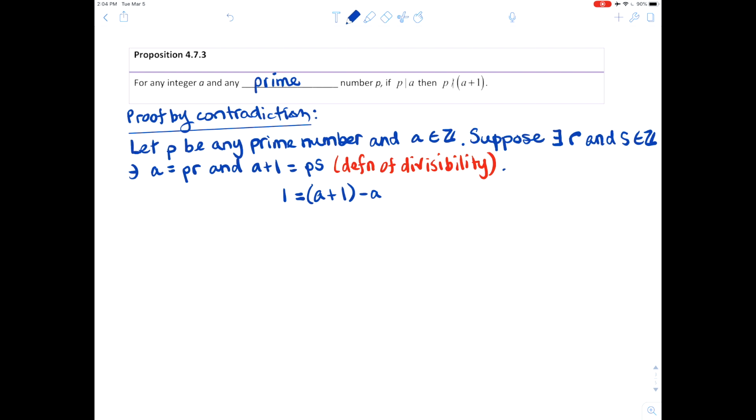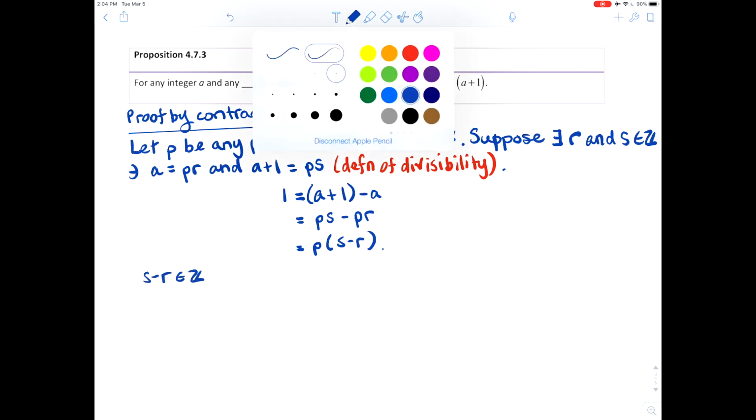But if you substitute in, what do we have? We would have a plus 1, we supposed was p times s, and a we supposed was p times r, which in turn is p times s minus r, using some algebra. Well, s minus r belongs to the integers under closure.